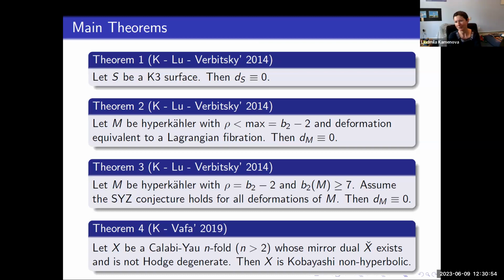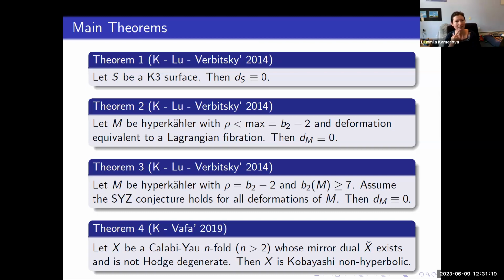So, for example, for K3 surfaces, we know that for any K3 surface, the Kobayashi pseudo distance vanishes, but we don't know, actually, that's not even true, that for every K3 surface there exists a dense copy of C inside.